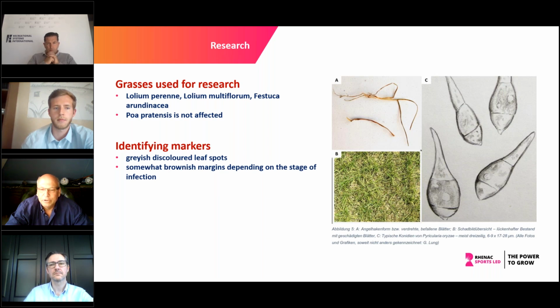That's how you can see it. And if you look at the picture on the right hand side, you can see the spores, and they have this nice pear-shaped form, and that's actually why this typical fungus is named as it is. It refers to the pear.